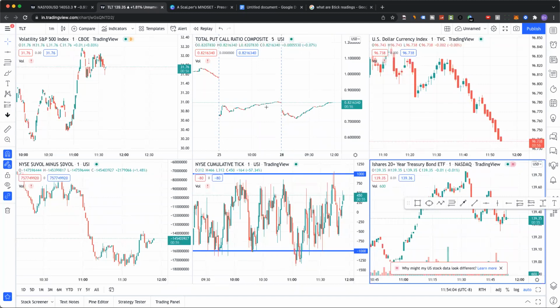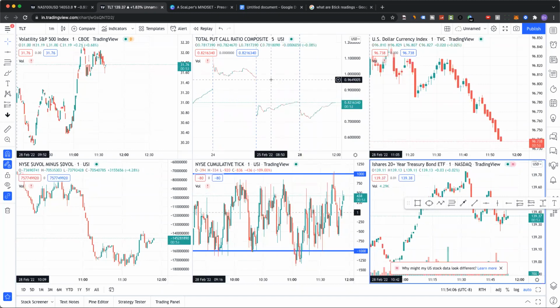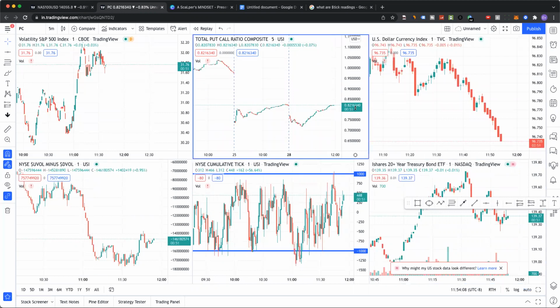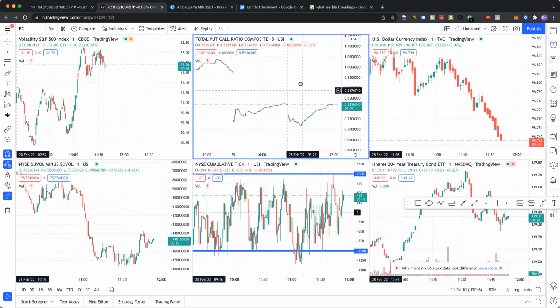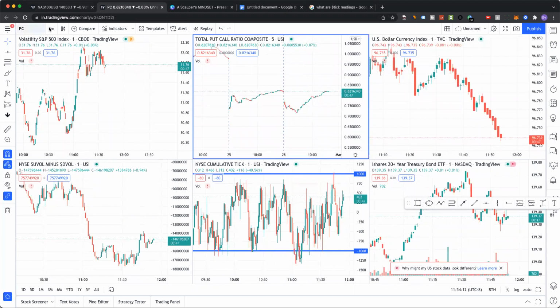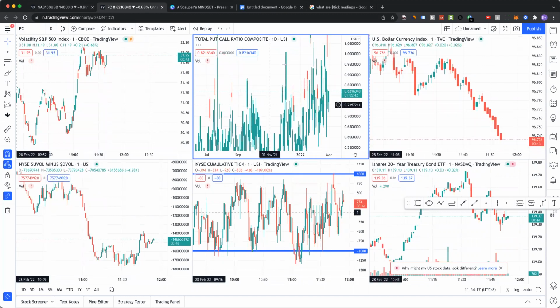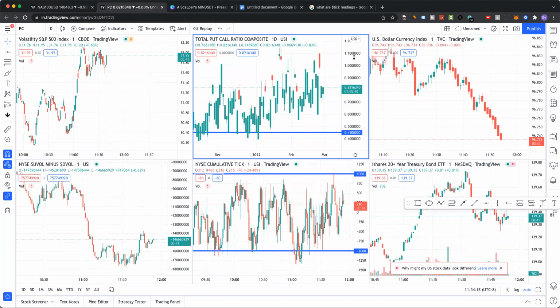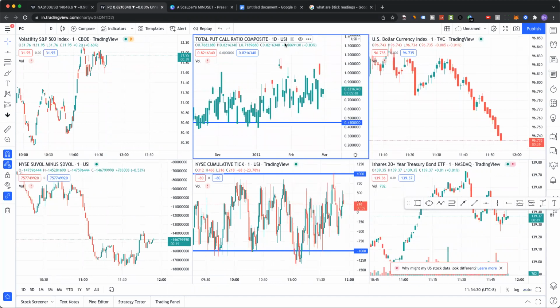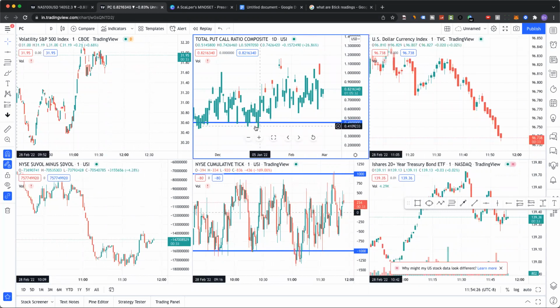The put call ratio is also going to be an indicator that will let you know if investors are fearful or if they're buying. So if we look at this put call ratio on a daily chart, anything around the 0.45 level means there's going to be heavy selling. Anything above, it's going to be heavy buying.